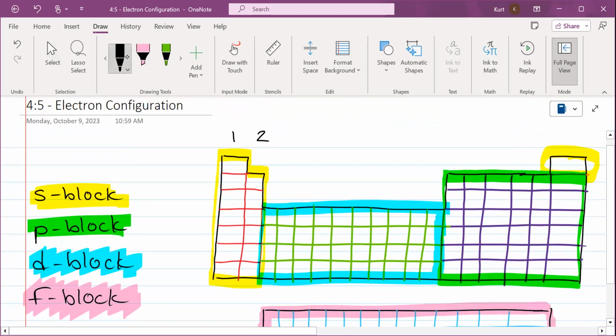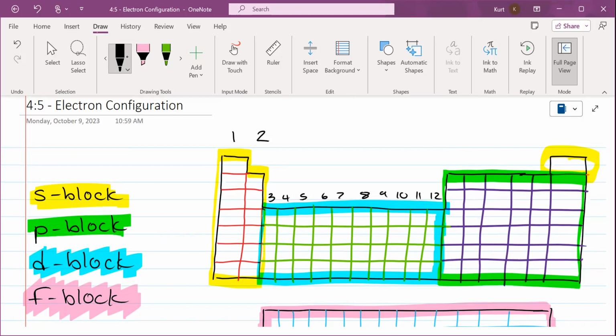Now to finish numbering, the D block has columns 3, 4, 5, 6, 7, 8, 9, 10, 11, 12. How many columns is that if you go from 3 to 12? 10.